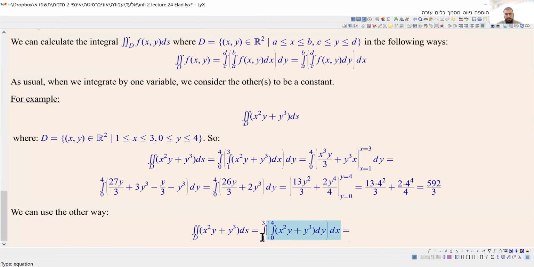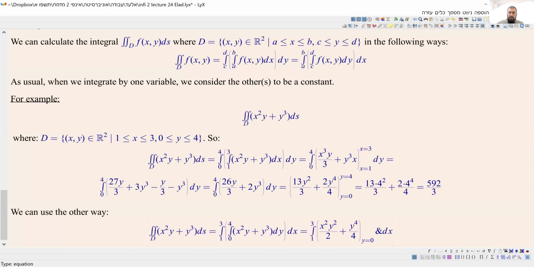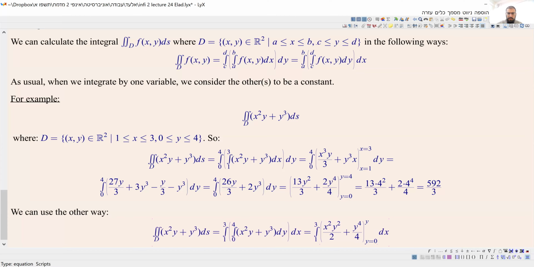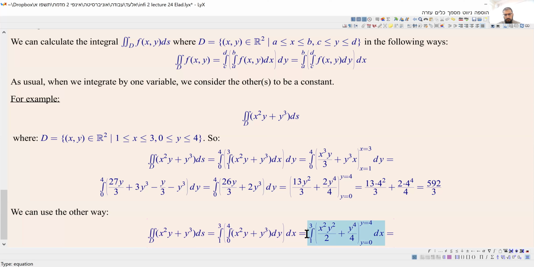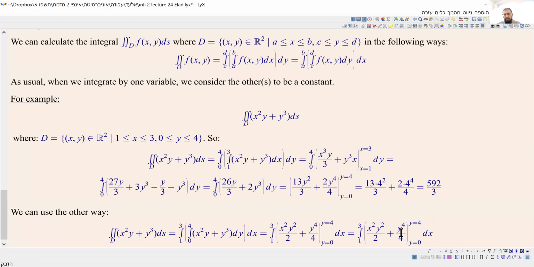So the integral by y is x squared y squared over 2 plus y to the 4 over 4, for y between 0 and 4. For 0, everything is 0.